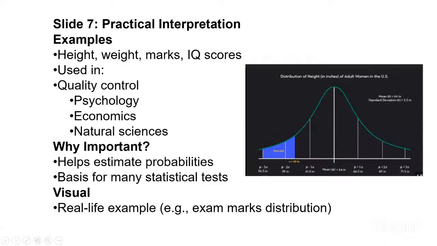Some practical interpretation, as I asked in the beginning: height, weight, marks, IQ scores are examples of continuous data, and whenever we do testing or inference, we consider that this kind of data follows the normal distribution.